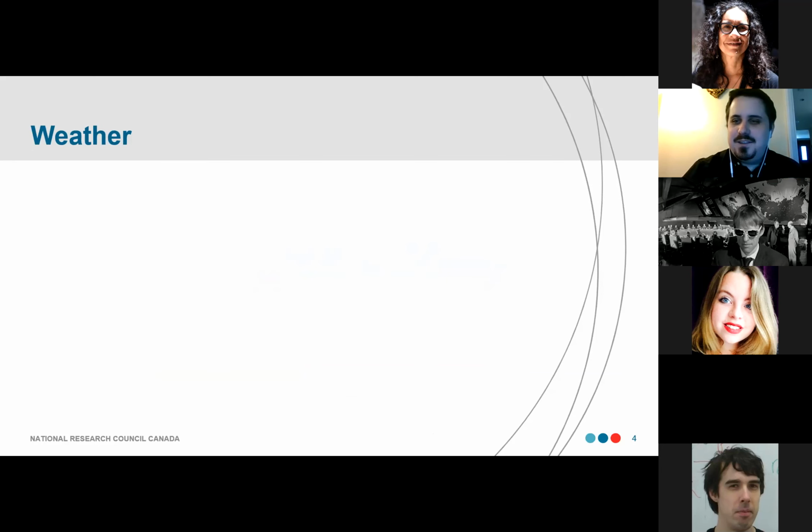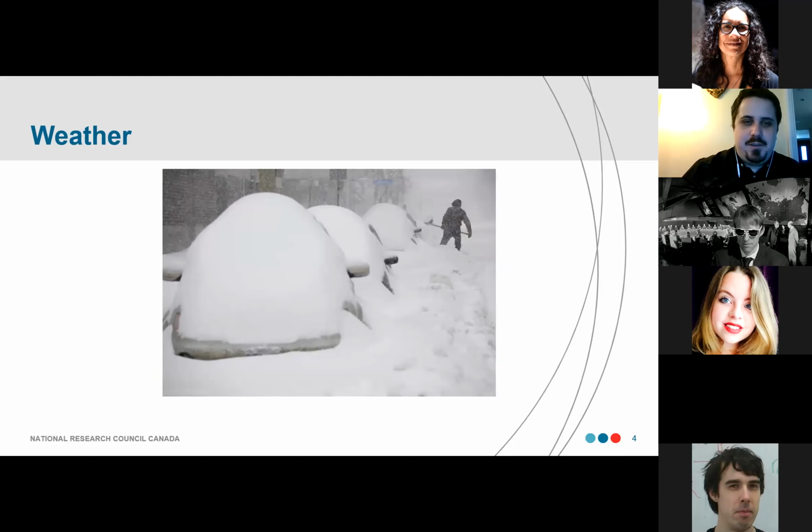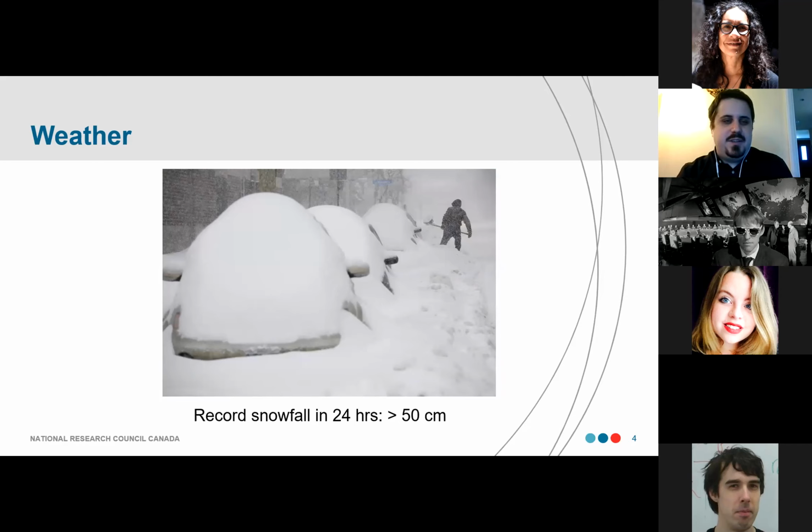However, in the winter, it's a different story altogether. We have a lot of snow, and this is what it might look like on a heavy snow day. Forget about going anywhere on a day like this, because we get over 50 centimeters in a 24-hour period, and that doesn't mean that's all the snow. I believe the record one snowfall is somewhere around 1 meter, so forget about it. Just let the army of snow trucks come and clear everything away.